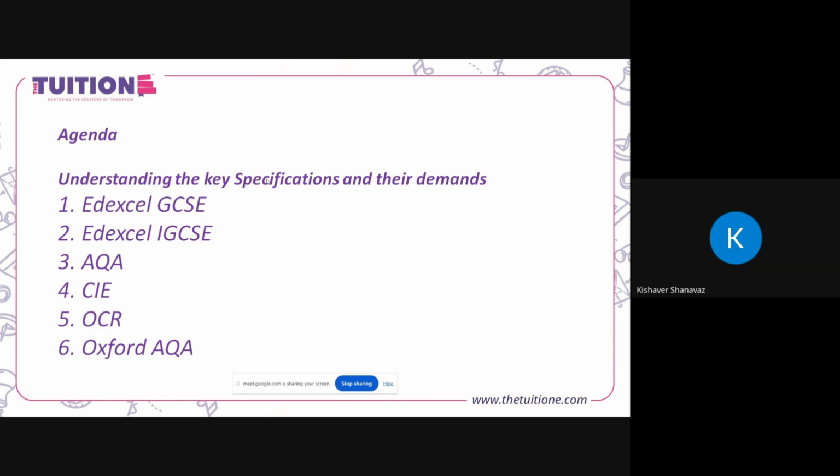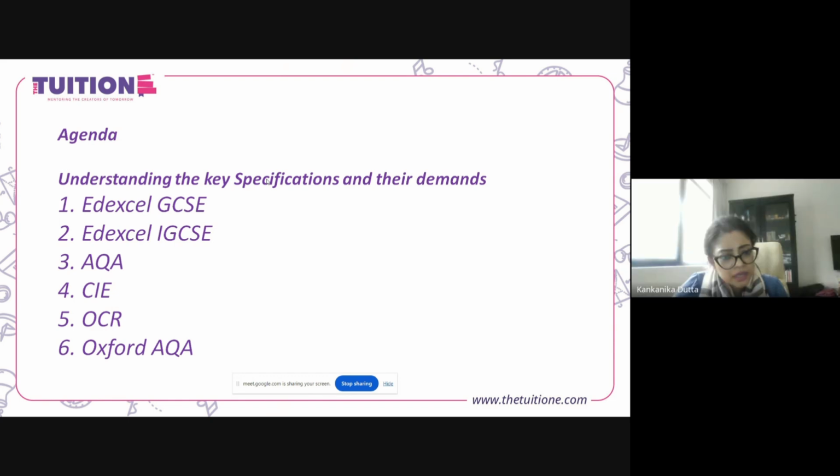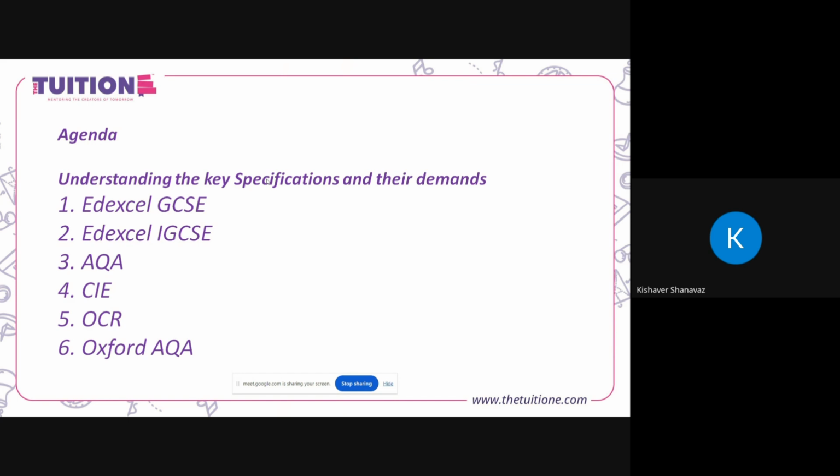But what I found was they focus more on writing, whereas in CBSE we have grammar, literature, language, everything together. In Edexcel GCSE, the language is separate, literature is separate. They have two papers, whereas in CBSE it's not like that. In CBSE there is one English paper.